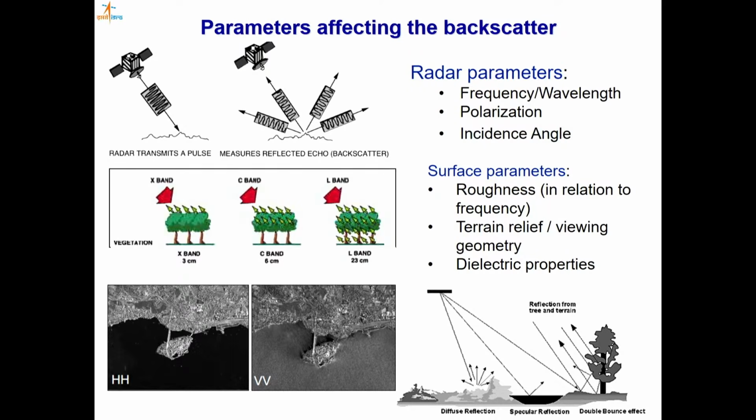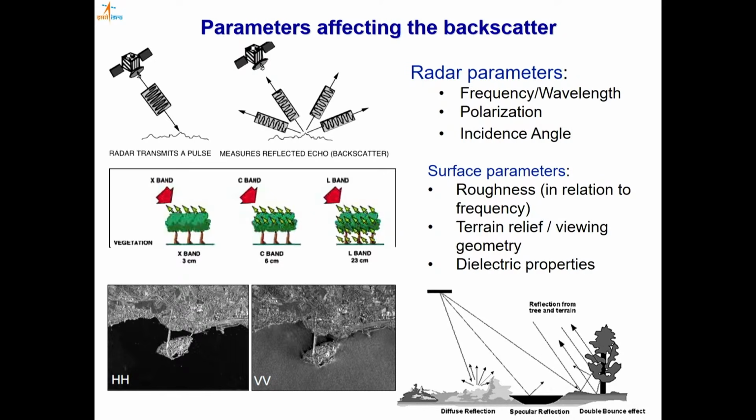How the signal will be backscattered depends upon the parameters of the satellite, like frequency or wavelength, polarization, incidence angle, and the surface parameters: what is the roughness, terrain, relief, or the viewing geometry, and the dielectric properties.